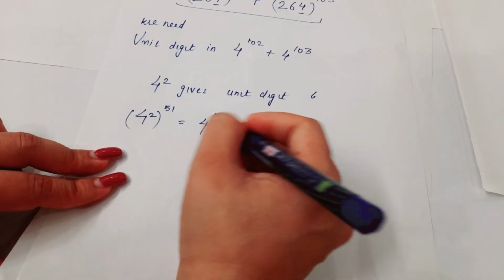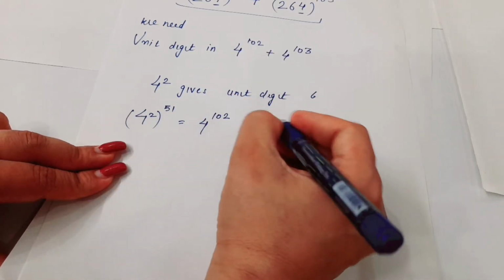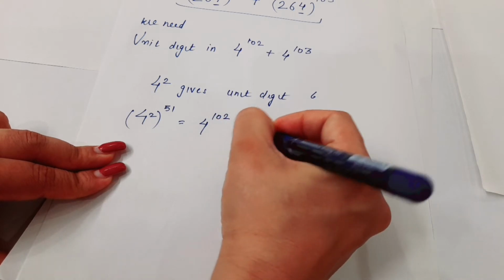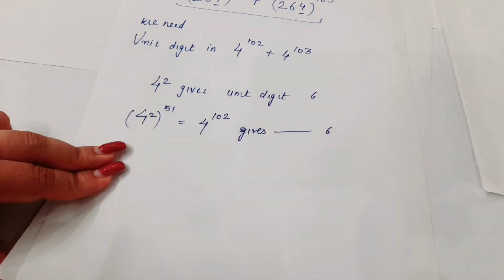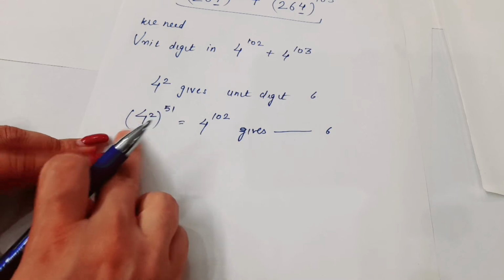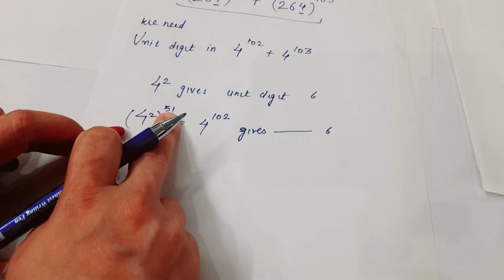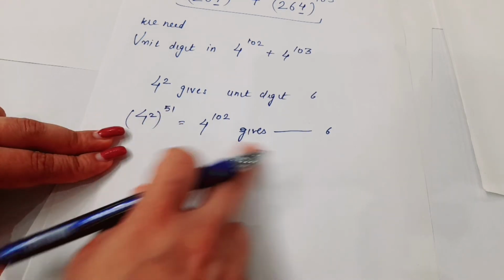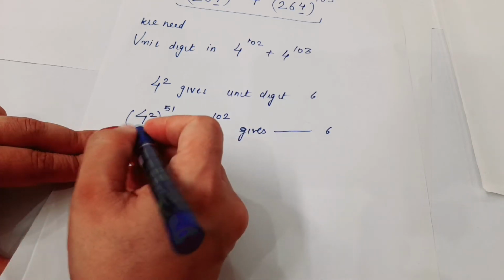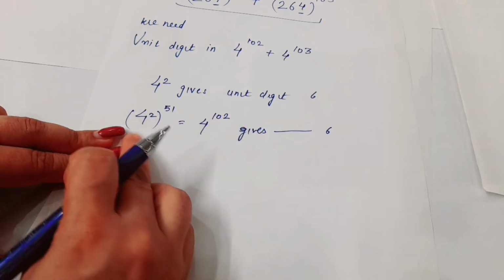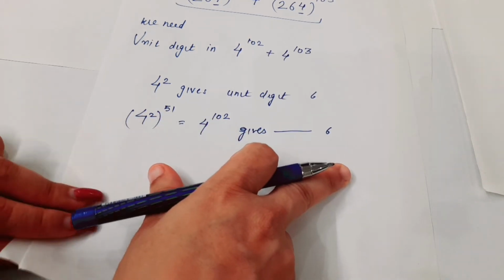This will also give unit digit 6. Okay, because 4 square is 6, 4 square raised to power 51, this will also give unit digit 6. Okay, 6 times 6 is 36. So you will get unit digit 6.